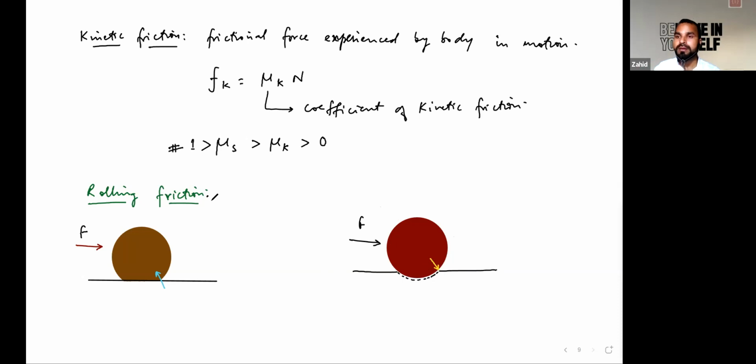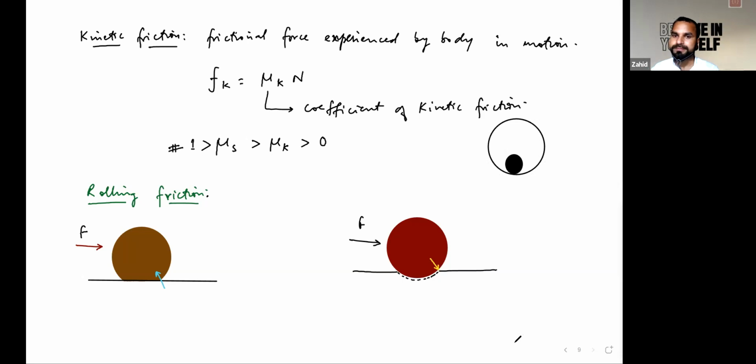That's why we take a ball bearing, which has a metallic ball going along a metallic surface. So there will be minimum deformation between them, and they will offer minimum rolling friction.